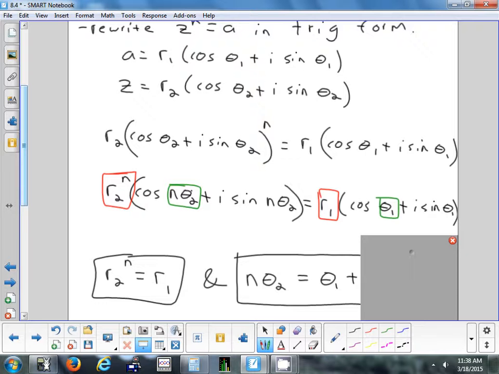What can you add or subtract to an angle? 360 degrees? How about in radians? 2 pi. So n theta 2 has to match theta 1 or any angle that's coterminal with it.